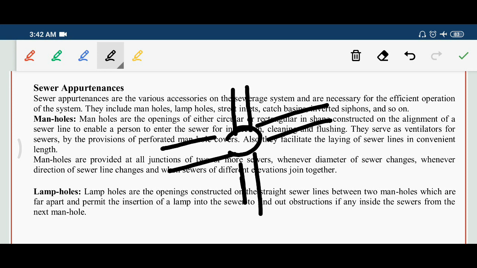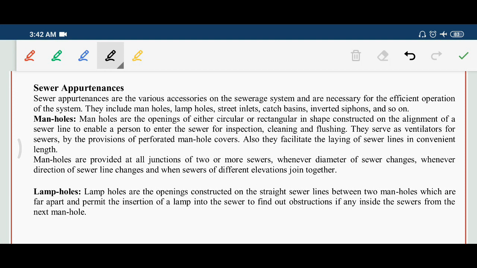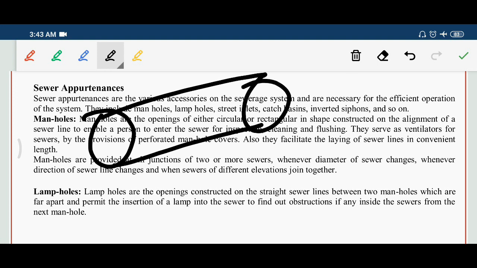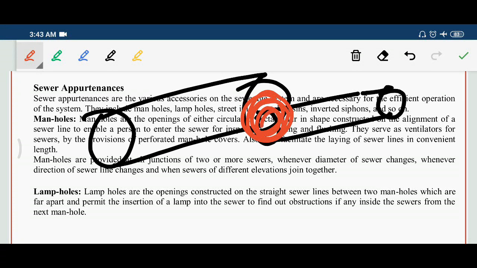In another case, when there is a change in sewer dimensions, like the diameter changes, a manhole is provided at that point, because there will be a variation of flow.